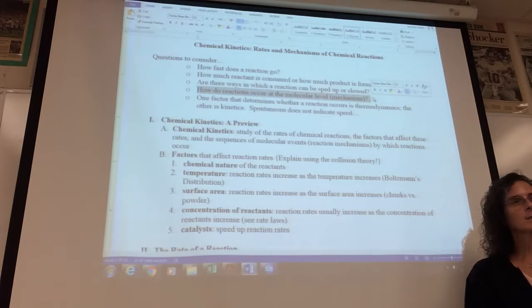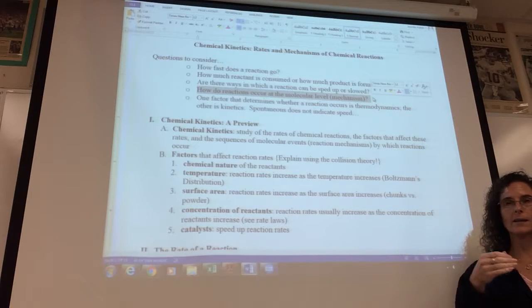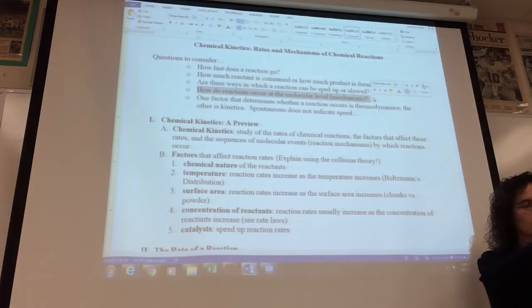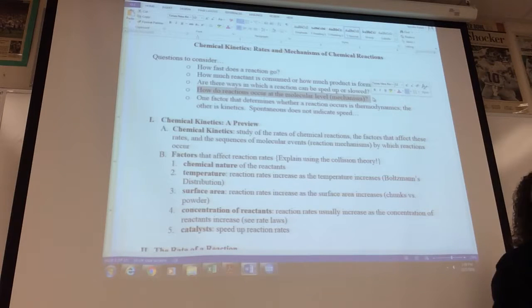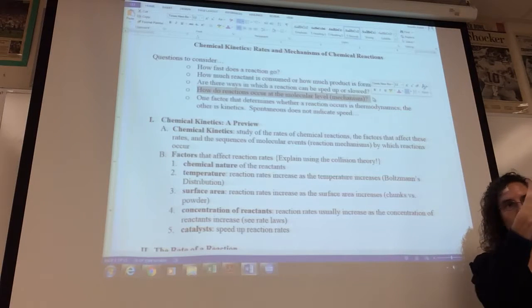A mechanism is, for example, if I wanted to go from here to the back of the room, and there's a lot of stuff in my way, I'm going to take little steps to get around whatever's in my way. So I might go from point A to B, point B to C, point C to D, and then I'm back to my final spot, from A to D collectively.